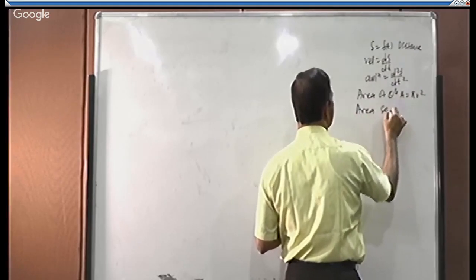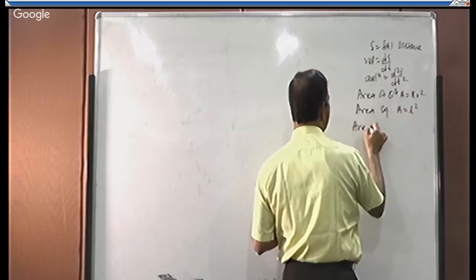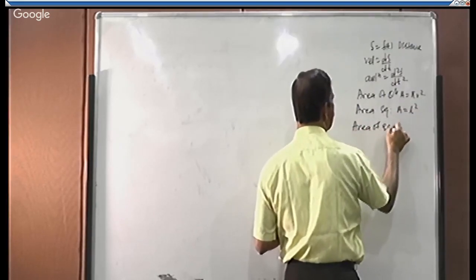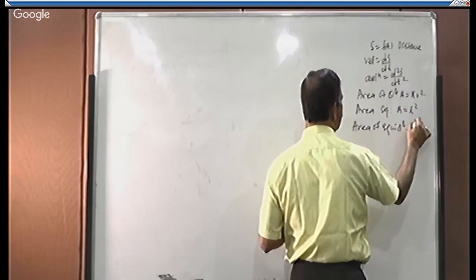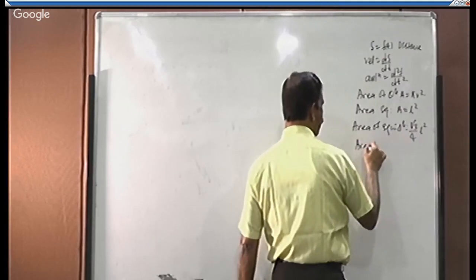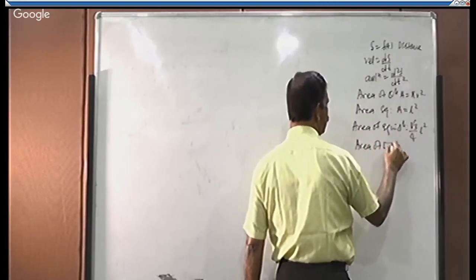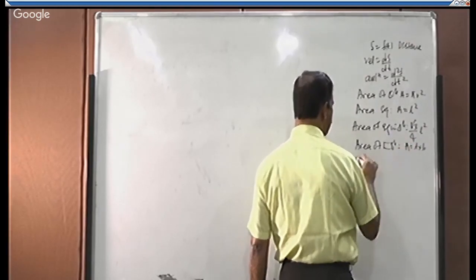Area of square, A is equal to L square. Area of equilateral triangle, that is root 3 by 4 L square. Area of rectangle, A is equal to length into breadth.